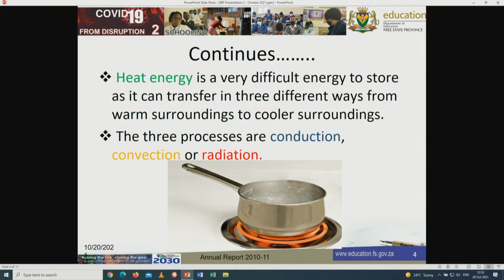What are those 3 ways? Conduction, convection, or radiation.